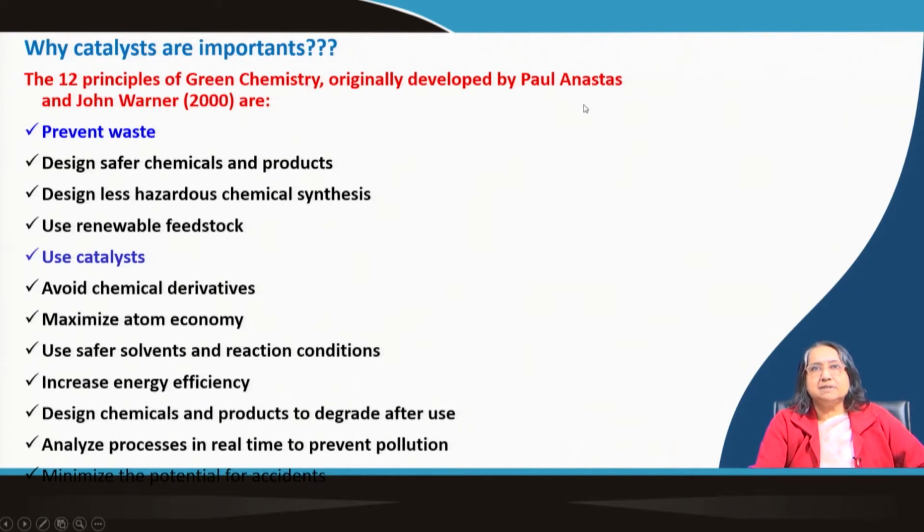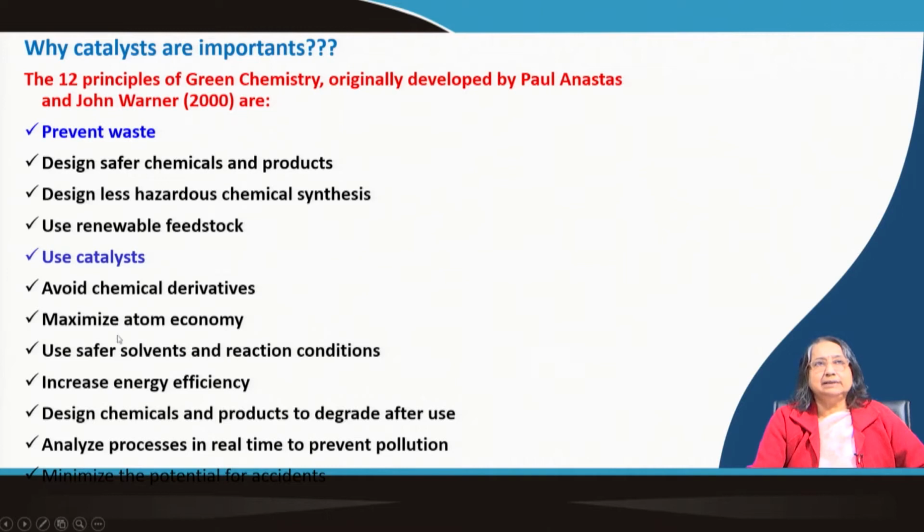They are very famous persons. You can see: prevent waste, design safer chemicals and products, design less hazardous chemical synthesis, use renewable feedstock, use catalysts. So, you can see here that catalysts are also under these green chemistry principles.